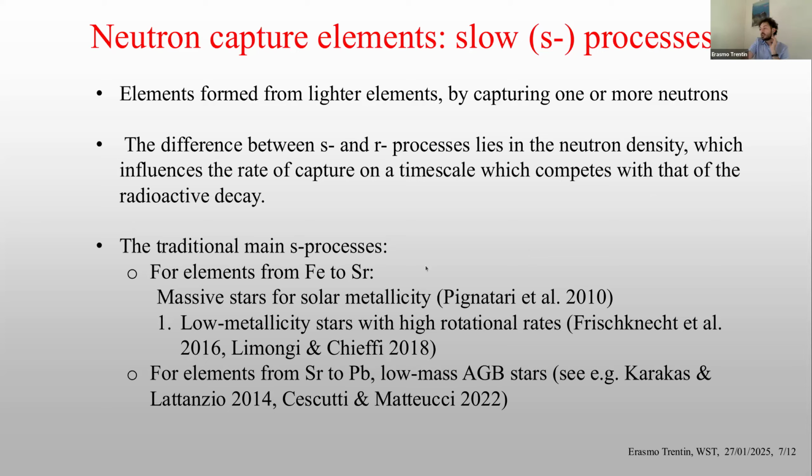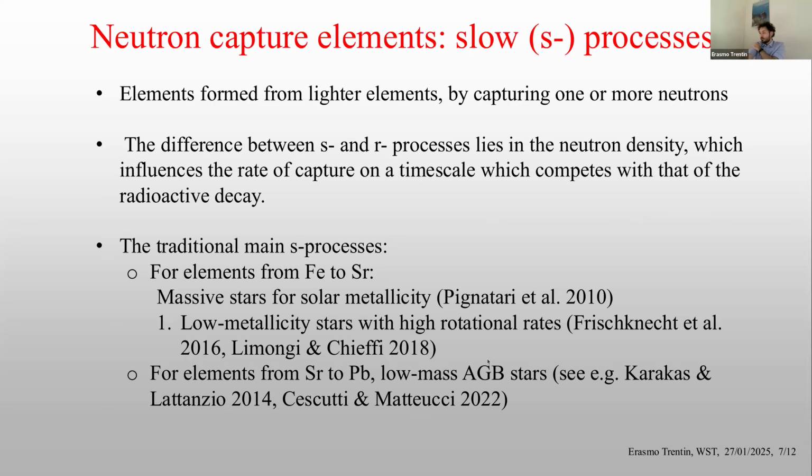For the lighter elements from iron to strontium, we can have massive stars at solar metallicities, or on the other side, for low metallicity stars, in case of high rotational rates, we can have the so-called weak slow process. But the most famous and the most important one, that pushes the elements up to lead, is the low mass AGB stars.